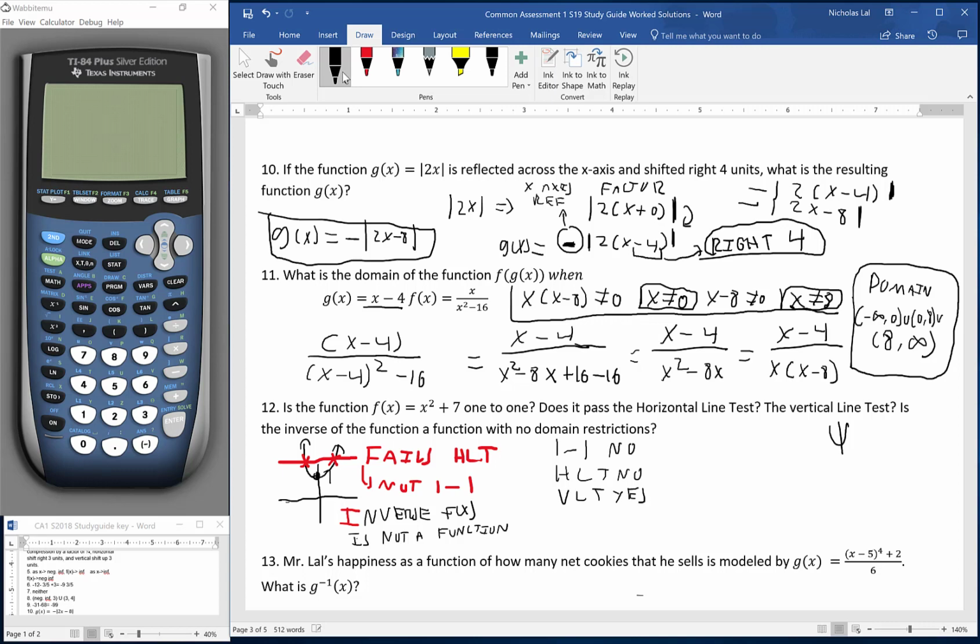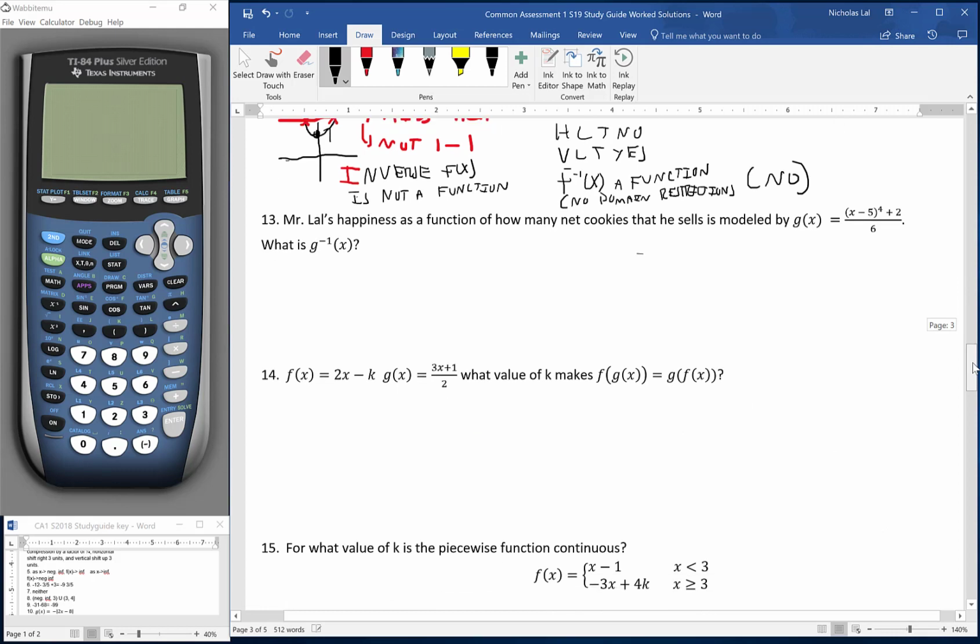Is the inverse of f of x a function, with no domain restrictions? The answer is no. You would have to restrict the domain in order to make the inverse a function.